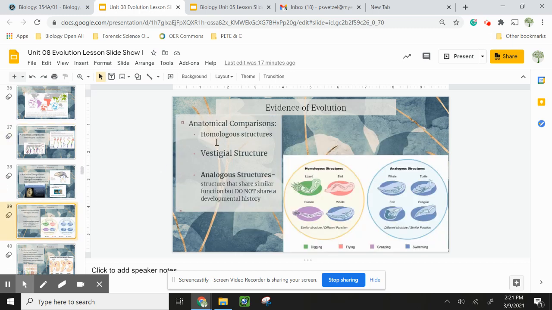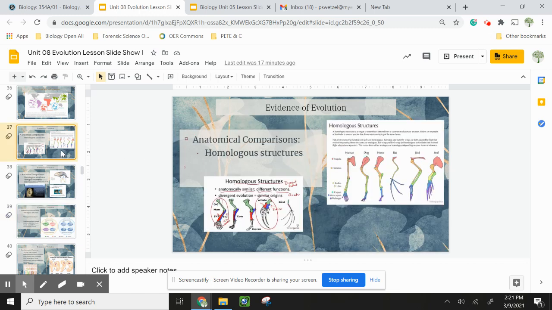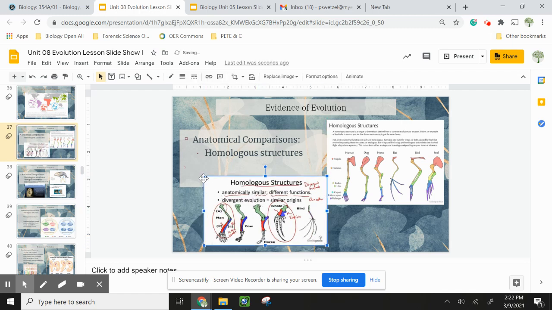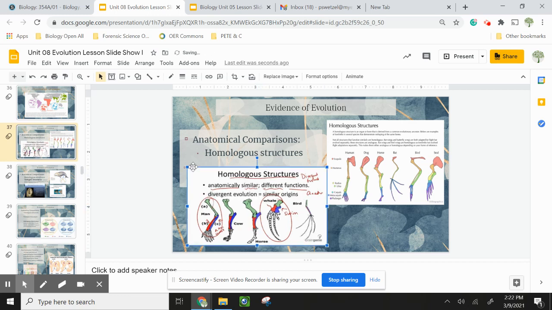You have homologous structures, vestigial structures, and analogous structures. Now, homologous structures are anatomically similar, even though they have different functions or different jobs. And what this does is it supports the idea that divergent evolution took place, and at some point they may have shared some common ancestry.